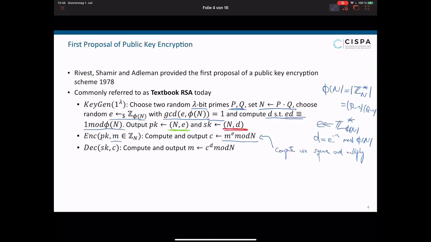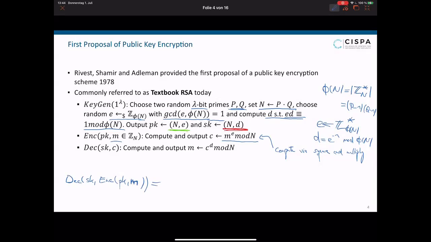And now the first thing, of course, we have to make sure is correctness, right? So what is dec sk of enc pk of some message m? I'm going to do this, and then I'm going to make a break for today, and you can do the quiz.